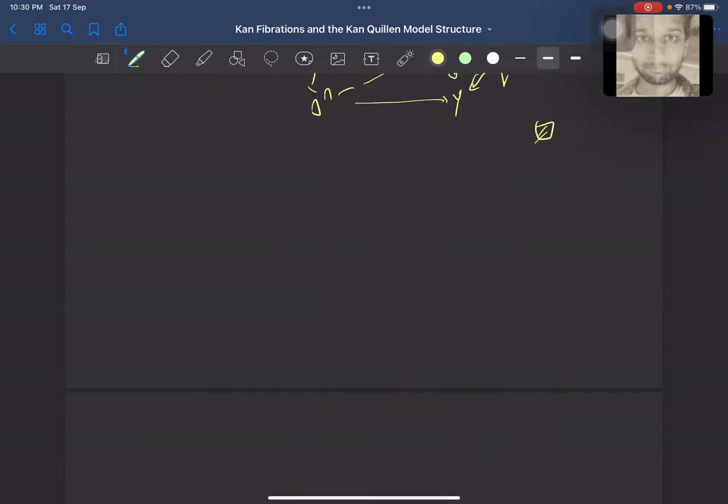Cool. There's an important corollary that we'll also use at some point.